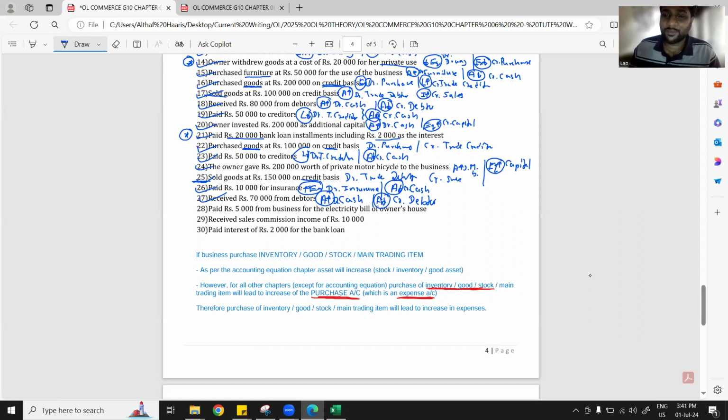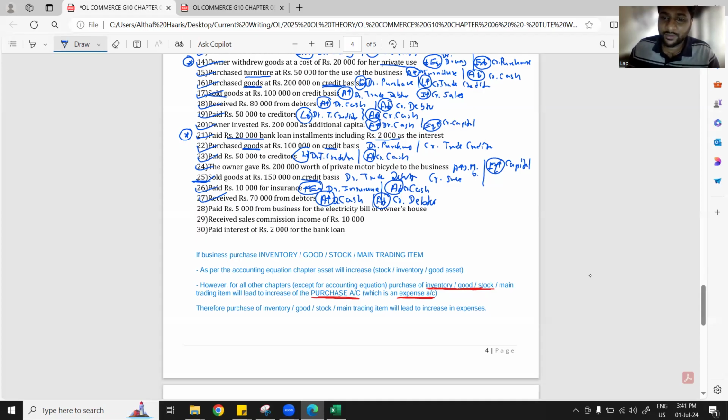In the previous chapter also we learned that using our money, if we settle any personal payment of the owner, we will consider it as drawings. Very good. Drawings. So our money is going out.